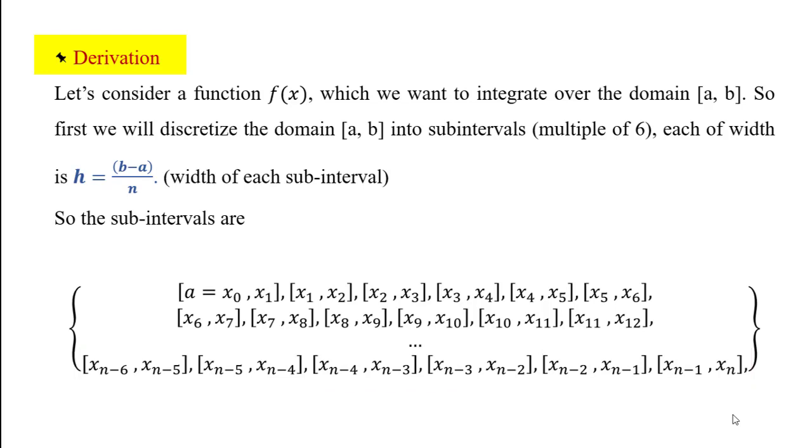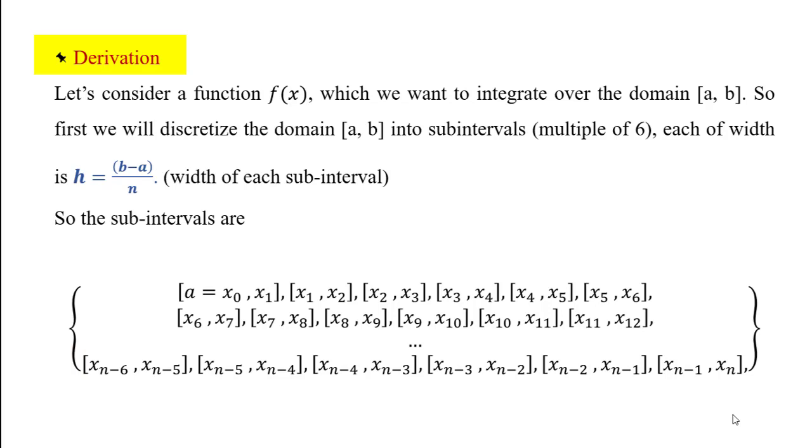First of all, we will derive a formula for the first group of 6 subintervals, and then we will derive a formula for the second group of 6 subintervals, and at the end we will derive a formula for the last group of subintervals.